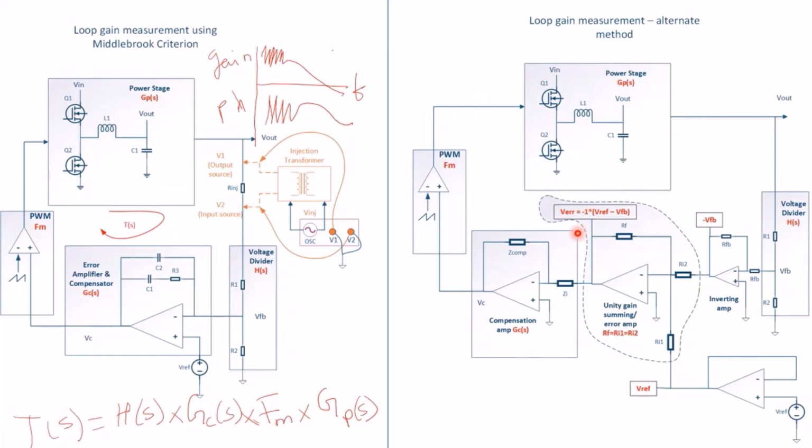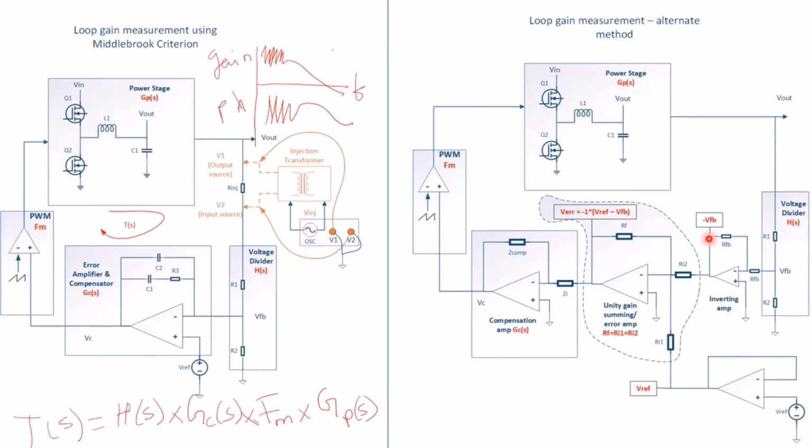On the right side, I have my proposed method where I'm using a unity gain summing or error amplifier to subtract the reference signal from the feedback signal.